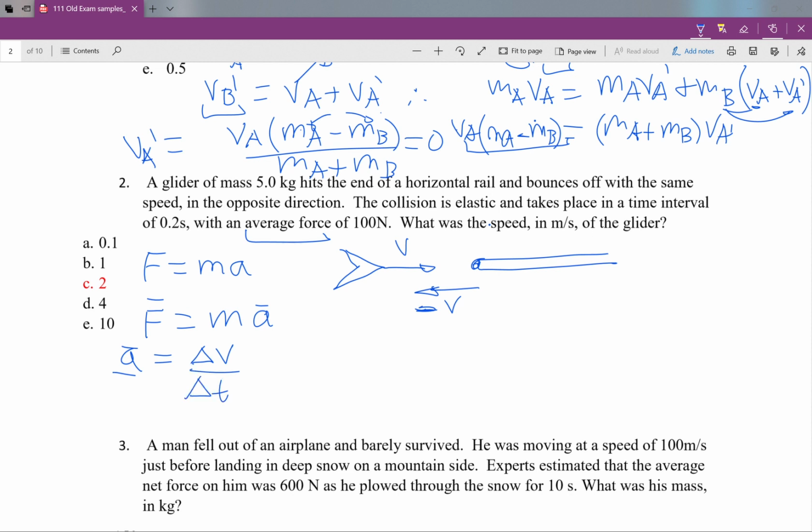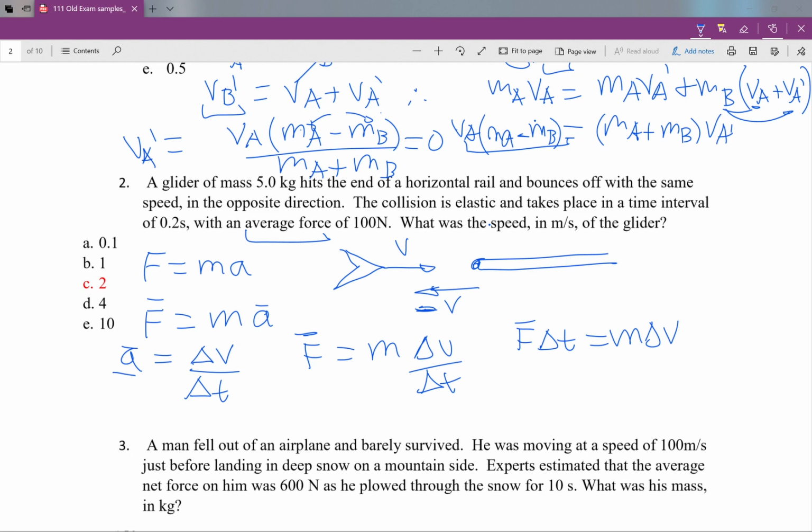Substituting, F bar equals m times change in velocity over change in time, and so we get the impulse equation: the average force times time equals m delta v. We're trying to look for the speed of the glider in meters per second.